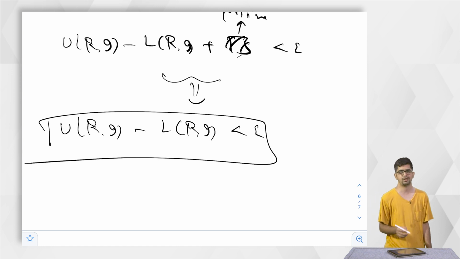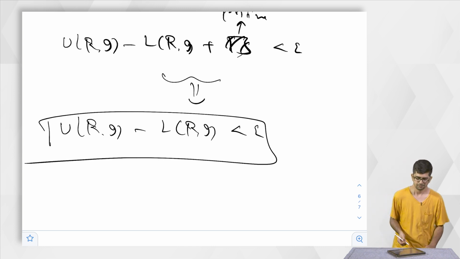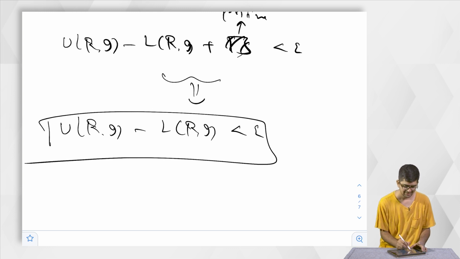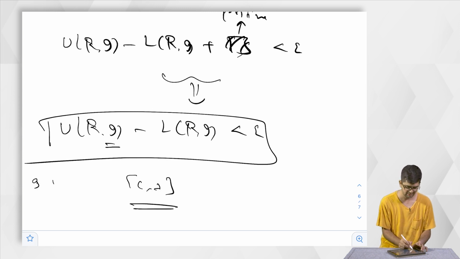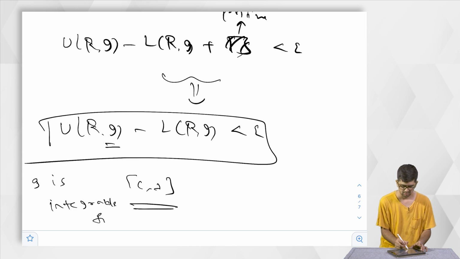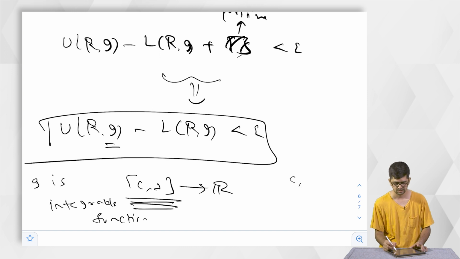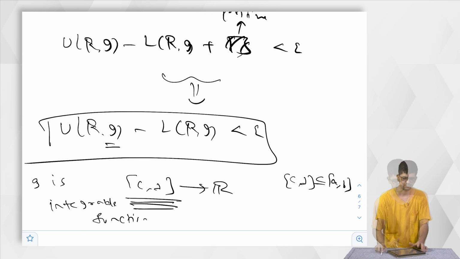A plus b is less than epsilon and b is positive, so a is less than epsilon. What does this say? This says g is integrable on [c, d]. Here g is a map from [c, d] to R, which is simply the restriction of f to this subset [c, d] of [a, b].